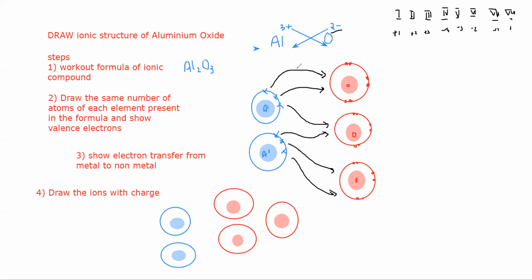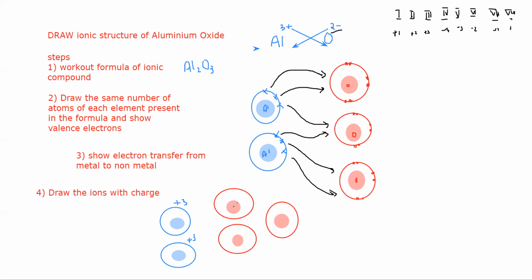As the aluminium lost 3 electrons, the charge will be +3 on aluminium. And there is no valence electron, because the electrons in the last shell are lost. What about oxygen?